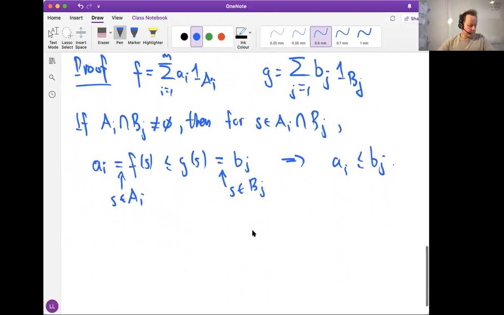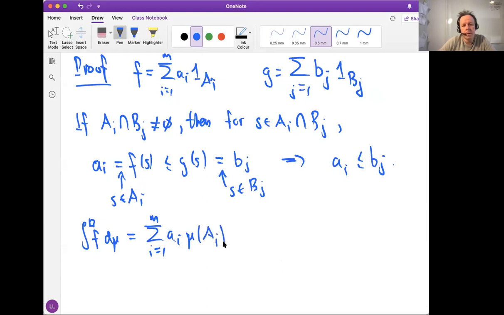Now, with this property, we can study what is the integral of f d mu. And we remember that by definition, it is the sum from i equals 1 to m of the possible values, and then the measure of AI. This was the definition.